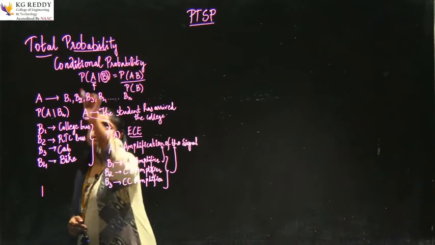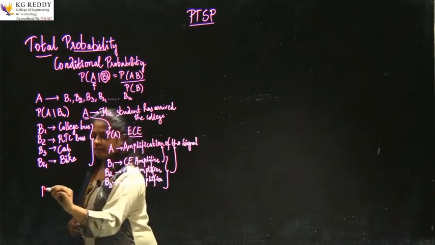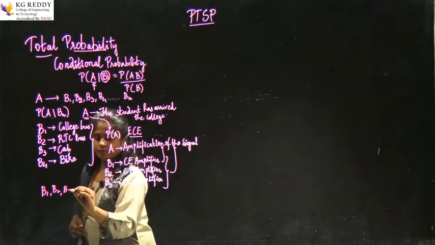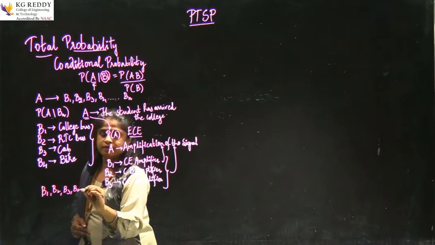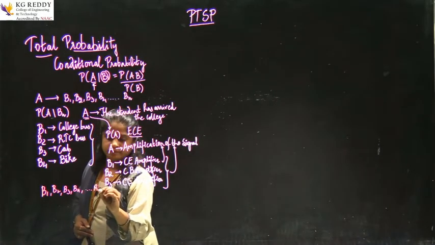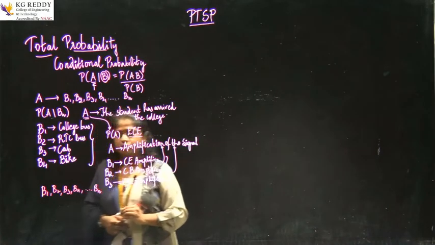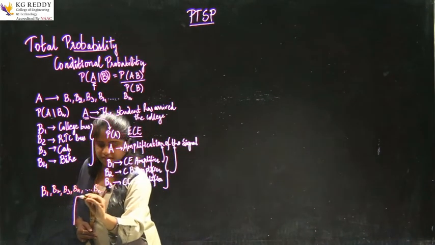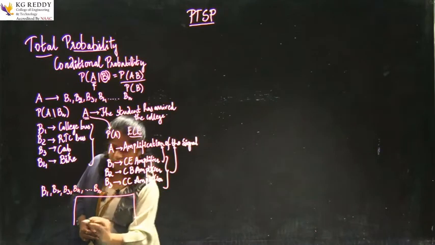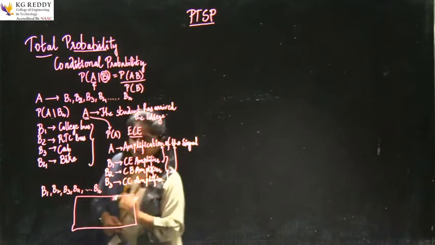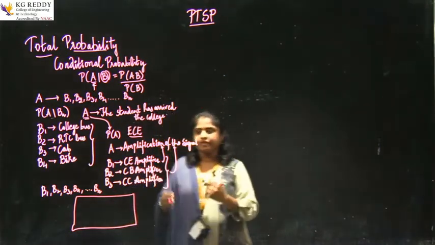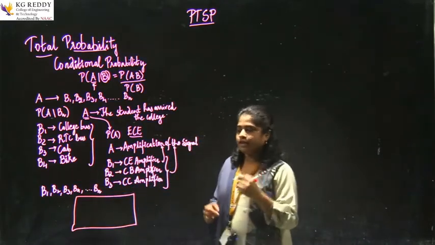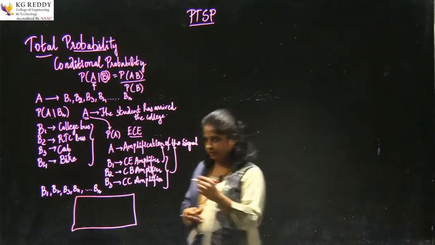I am taking, for example, the events B1, B2, B3, B4 up to Bn. All the events I am taking on a sample space, and these are all mutually exclusive events.